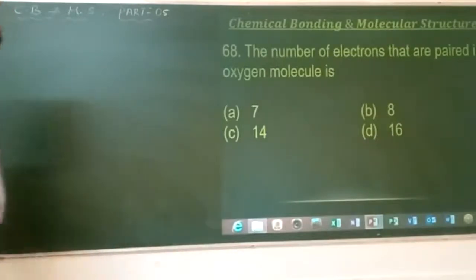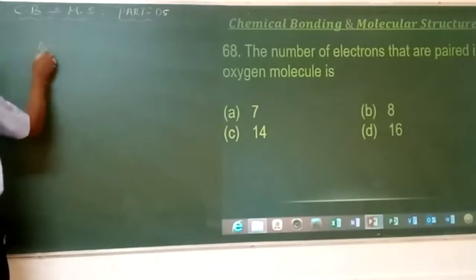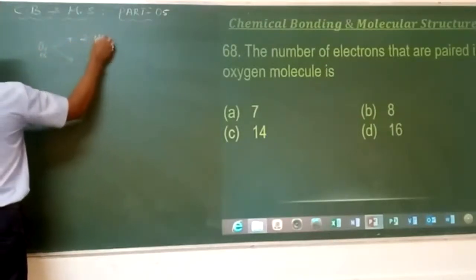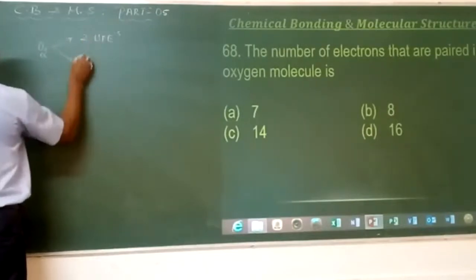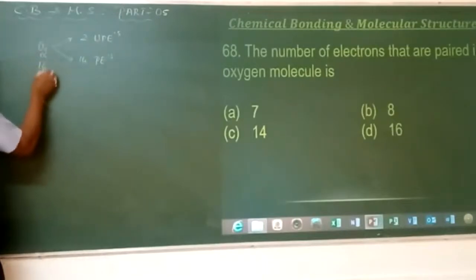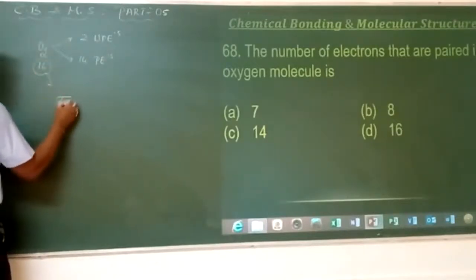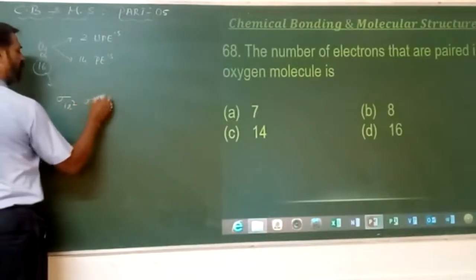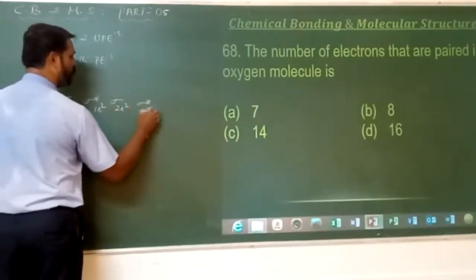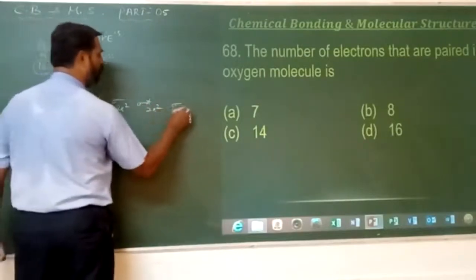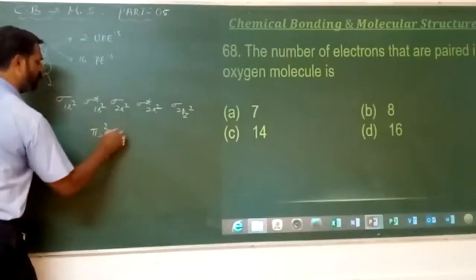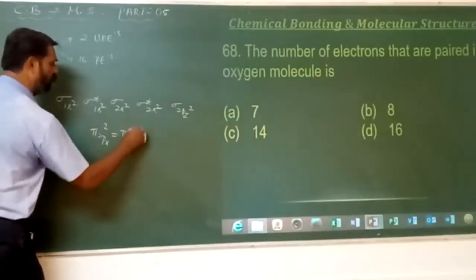Oxygen has 2 unpaired and 14 paired electrons. Because as we know it is 16. 16 refers to sigma 1s2, sigma star 1s2, sigma 2s2, sigma star 2s2, sigma 2pz2, pi 2px2 equal to pi 2py2.